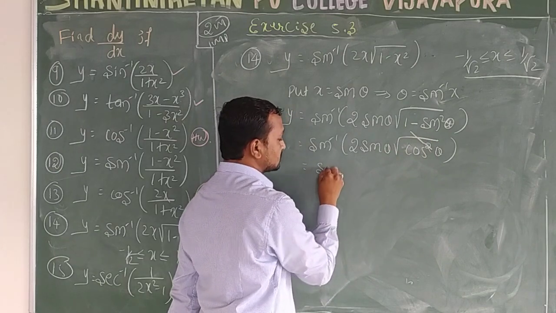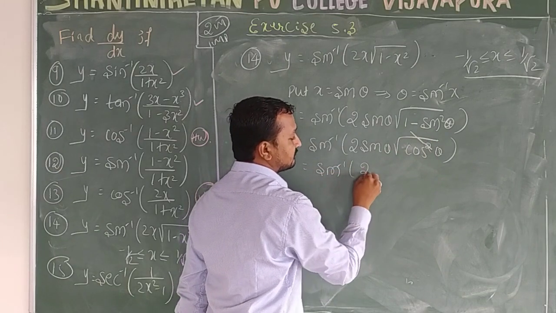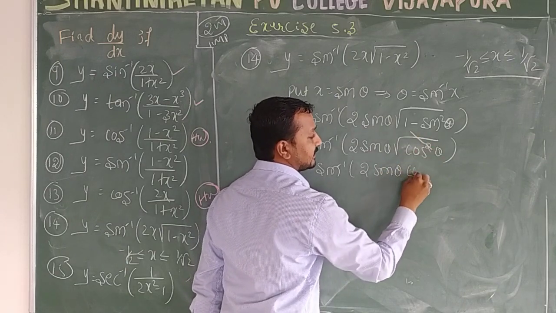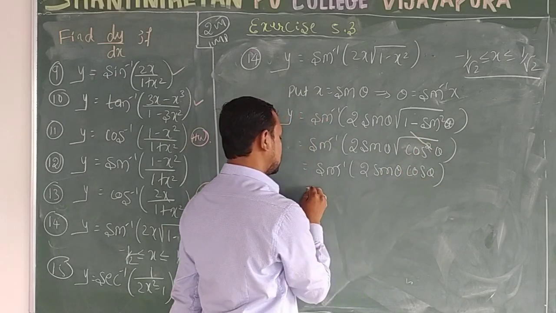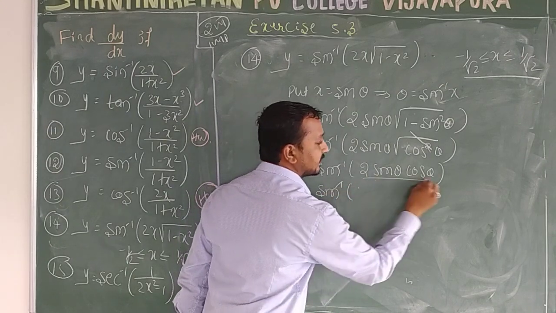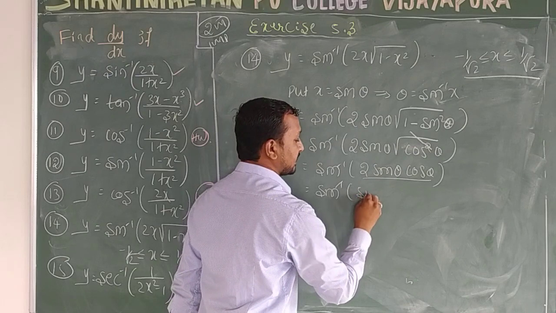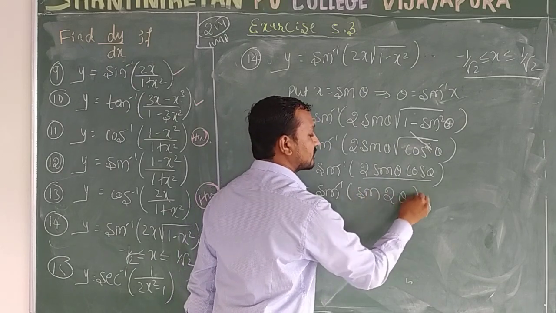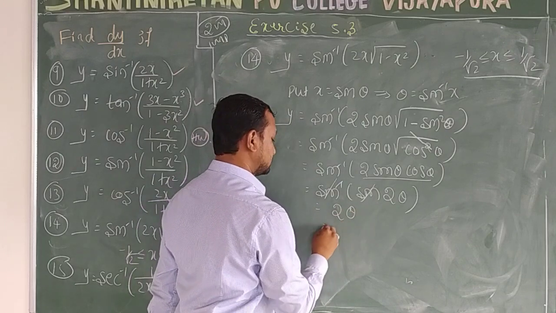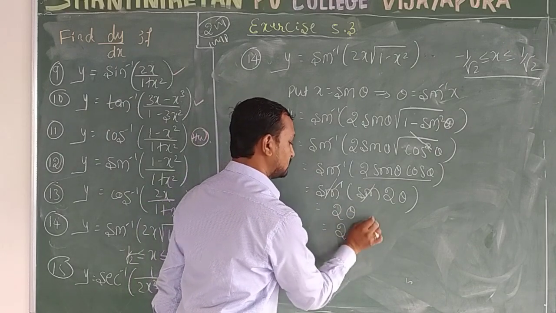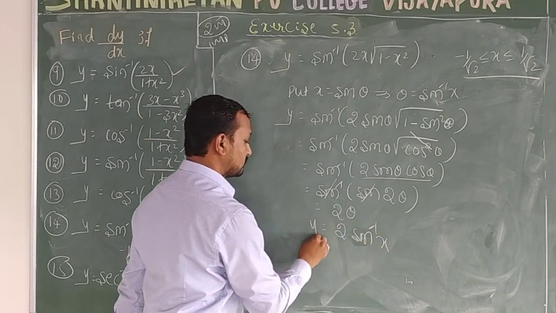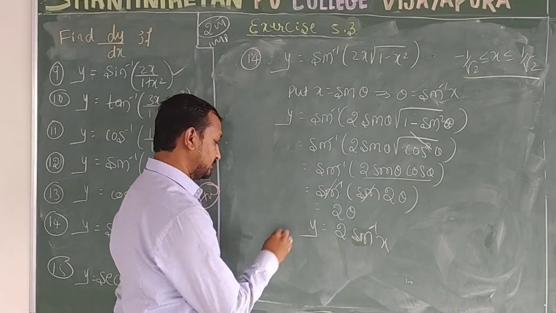So this is sin inverse of 2 sin theta cos theta, and we already know the formula: sin 2 theta. Here sin inverse sin gets cancelled, leaving 2 theta, and theta is sin inverse of x. This is your y.